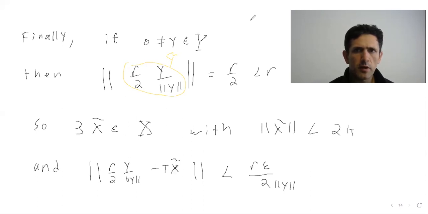I don't feel like doing another line, but what I could simply do here is multiply everything by 2 norm of y divided by r. So if I do that, I will write everything. What does that mean?